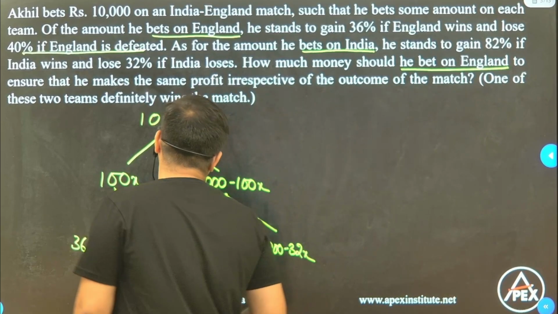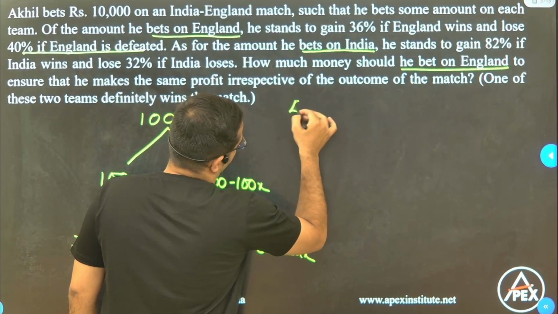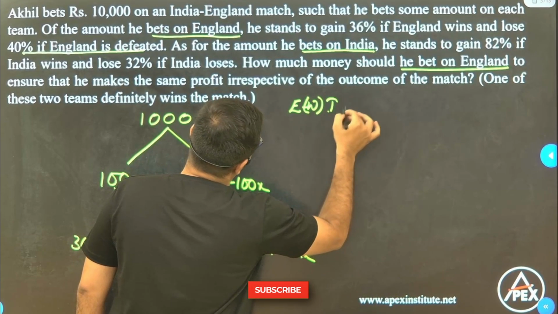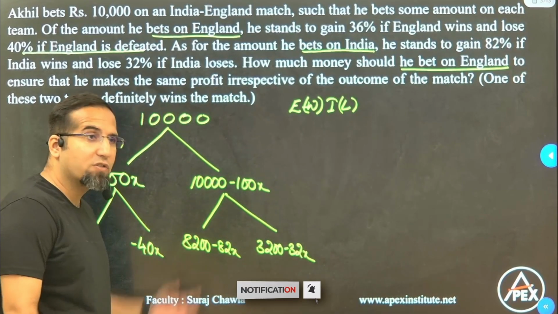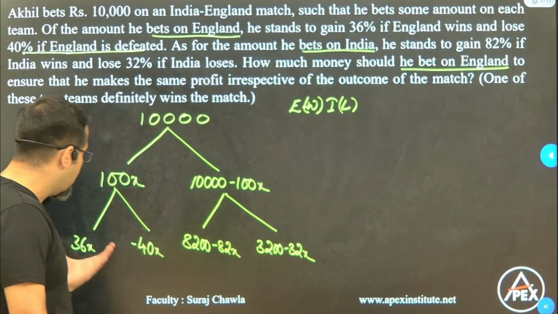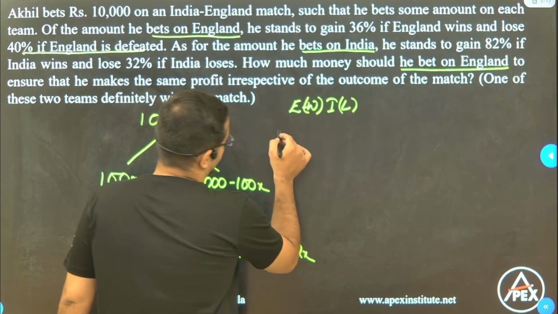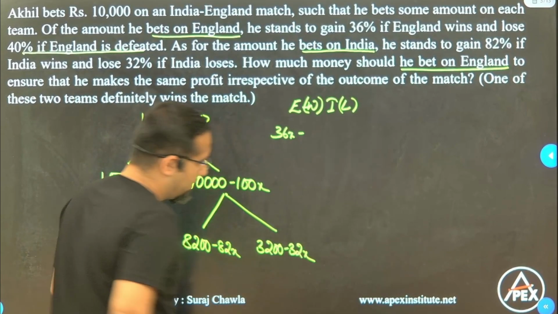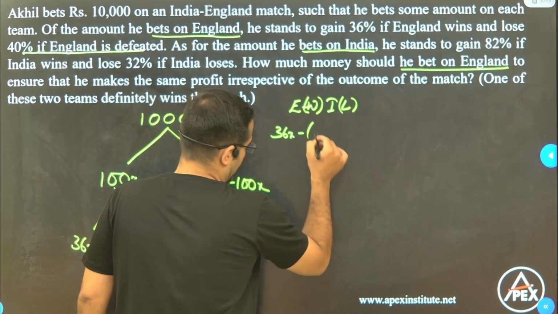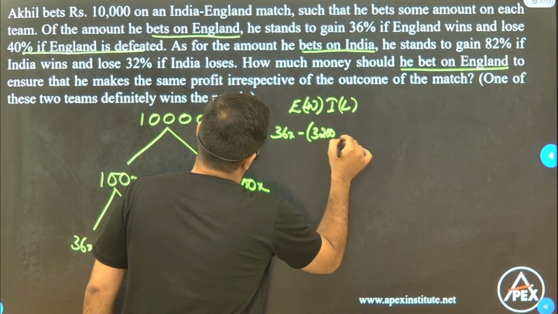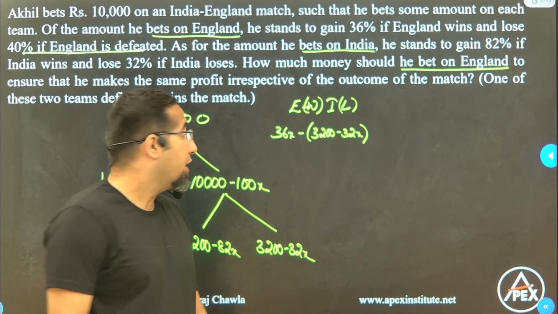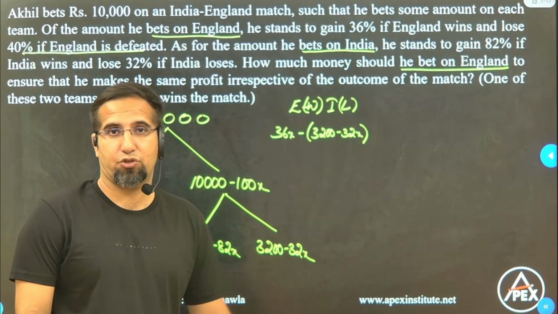Let me assume England is winning. If England is winning, then please understand that India is losing in that match, because the same money has been invested in both teams, right? So if England is winning, he gets 36x, minus, since India loses, he is losing this amount. So this becomes minus 3200 minus 32x. So this is the amount that he makes if England is winning this match.